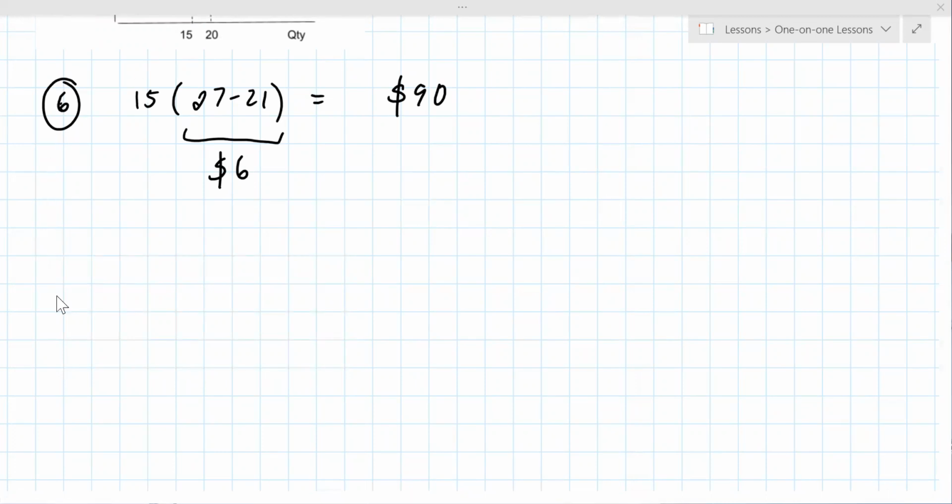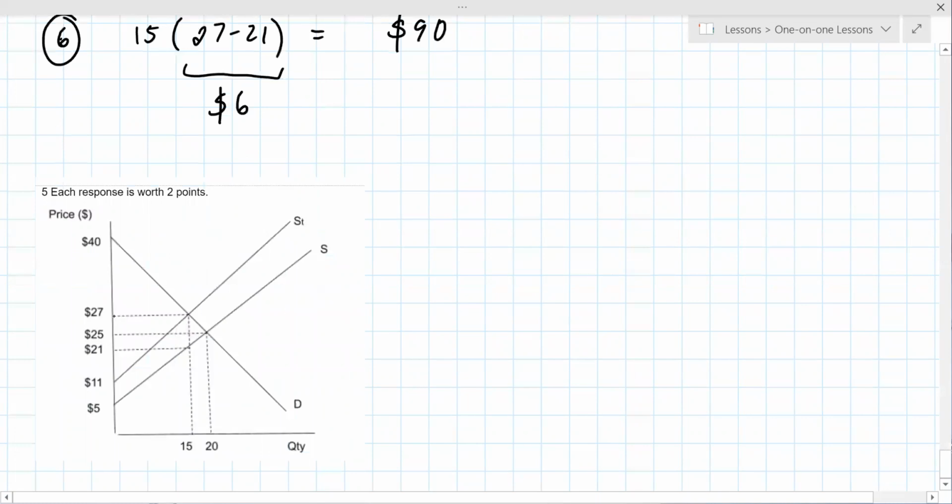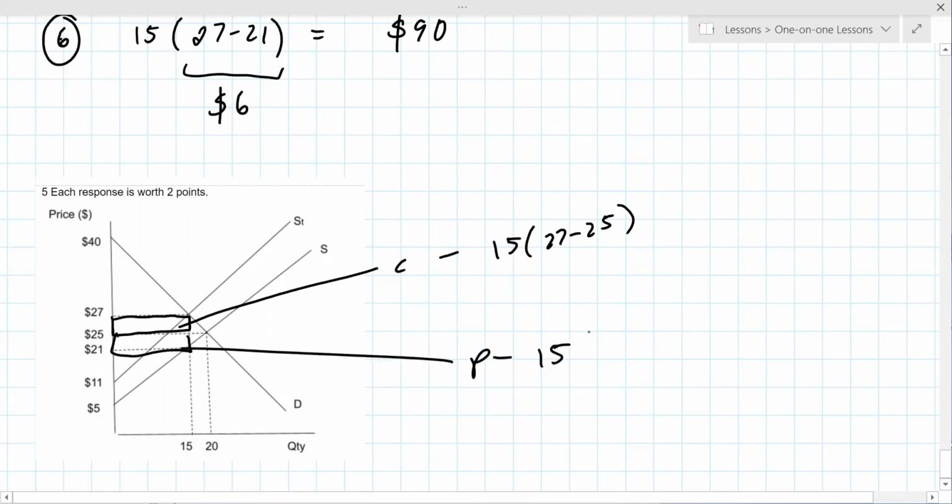This is the consumer side: 15 times 27 minus 25. And the producer side is 15 times 25 minus 21, which is $60.